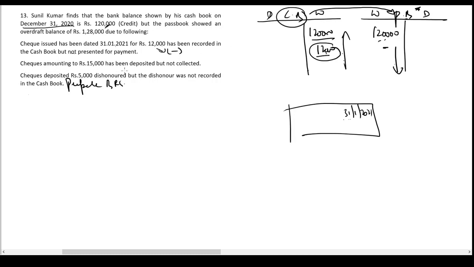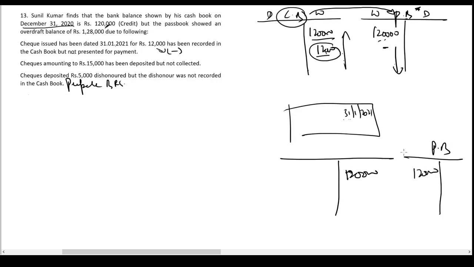Checks amounting to 15,000 have been deposited but not collected. Again let us start. 1,20,000 passbook, 1,20,000 cash book. As soon as we receive a check and deposit, we record a deposit in the cash book, but a deposit will be recorded in the passbook only when the money is collected on the check.